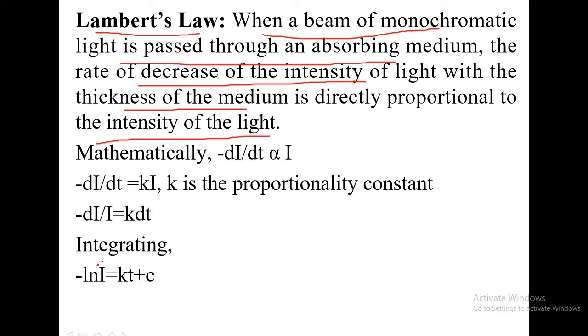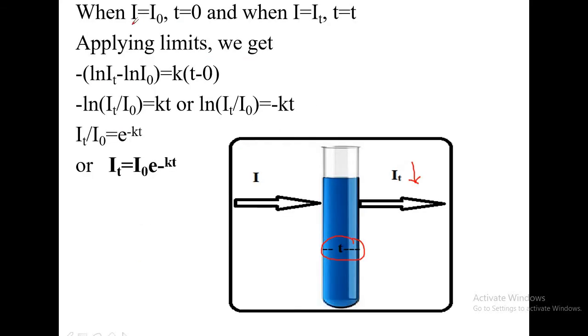When you integrate, minus dI by I becomes ln I, k is a constant, dt integration is t plus c. When you are applying the limits, when the intensity of the light is before passing through the solution, that is before passing through a thickness T, that means T equal to 0, then the intensity is taken as I naught. After passing through the thickness T, that is T equal to T, the intensity becomes IT.